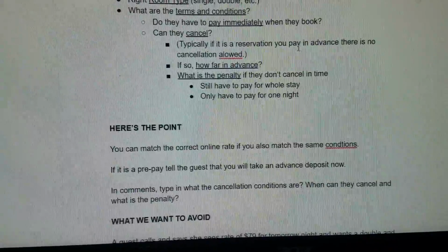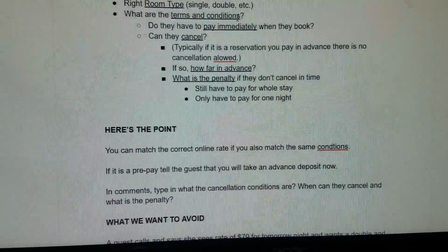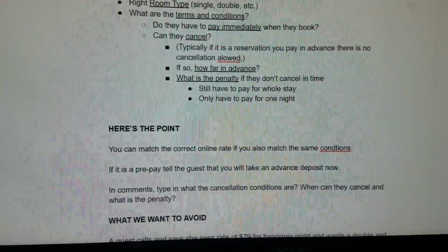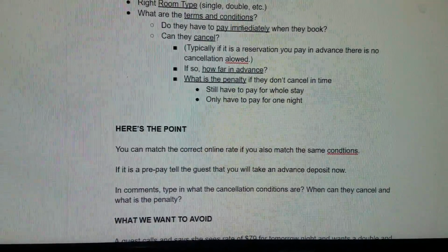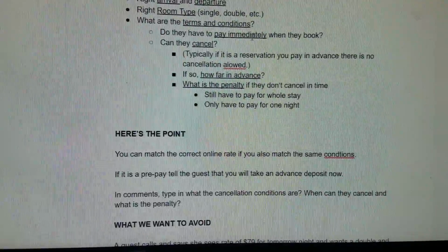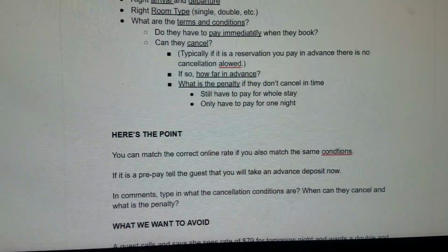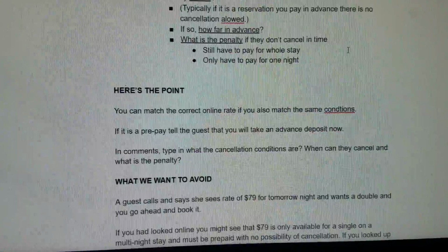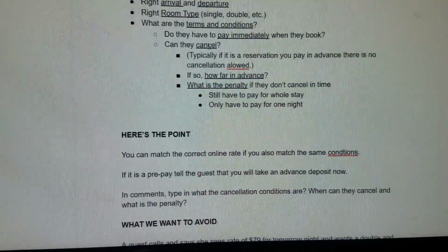And then, even more importantly, what are the terms and conditions of that particular rate? It will say on the site when you look up a particular room for those dates. It's either one that they have to pay immediately at the time of booking, a prepay, or not. One of those two.